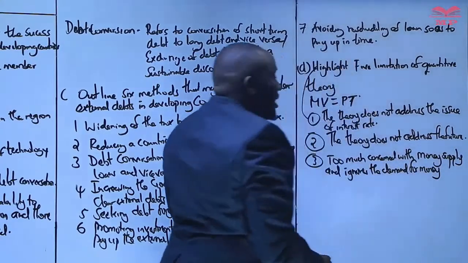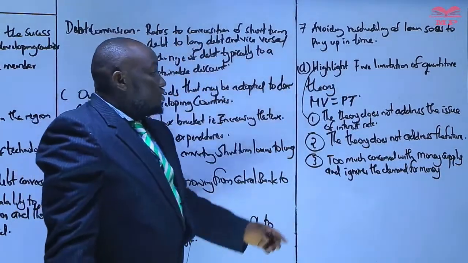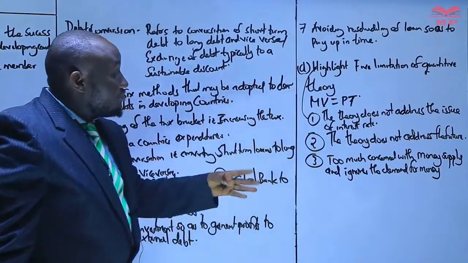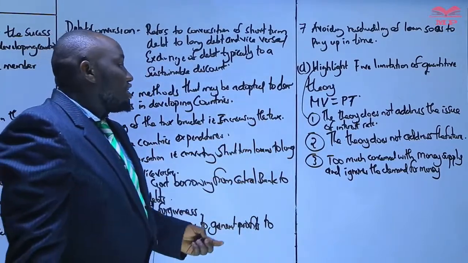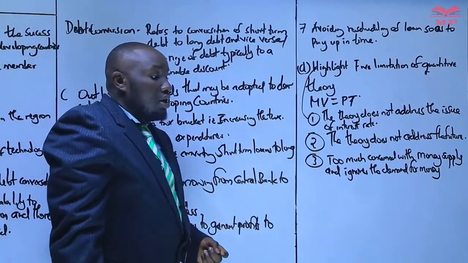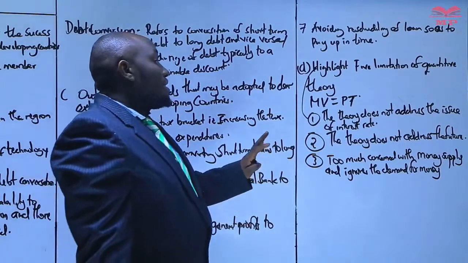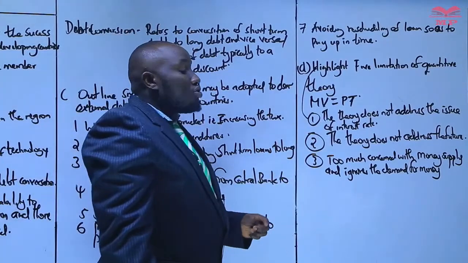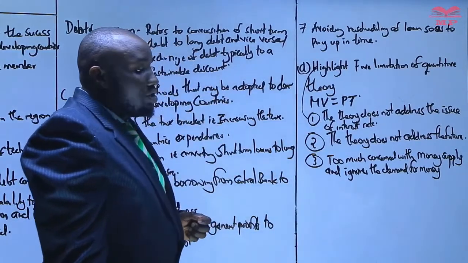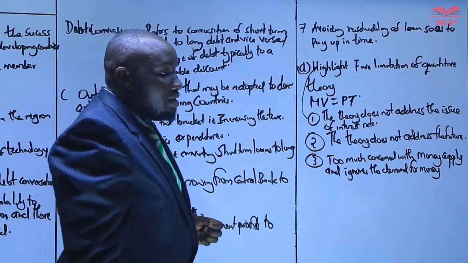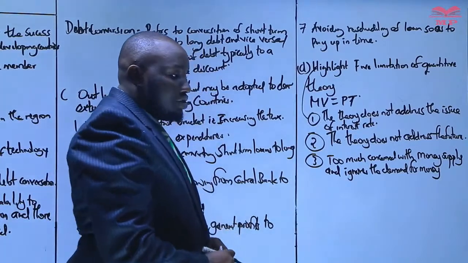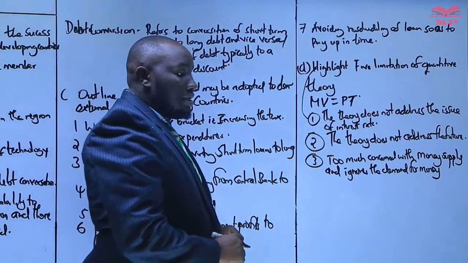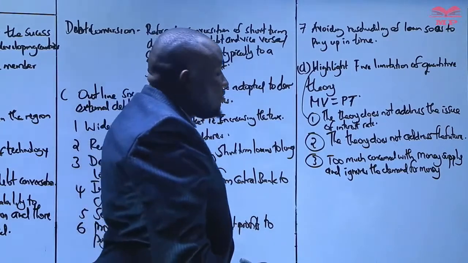So when you look at the formula, one of the things that we have on that theory, it's concerned with money supply times velocity is equal to the general price level times the number of transactions. So this theory basically focuses on issues to do with the supply of money, but ignores what you call the demand of money.